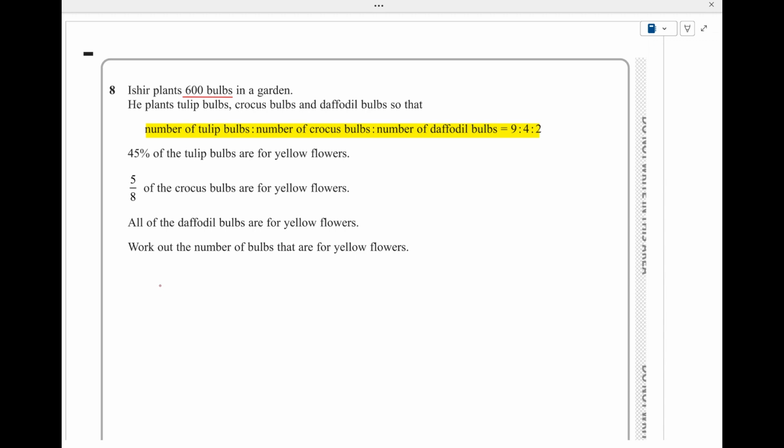We're planting tulip bulbs, crocus bulbs, and daffodil bulbs. And the ratio of the number of tulip to the number of crocus to the number of daffodils is 9 to 4 to 2. Let's give ourselves a total there, and the total of our ratios is 15.